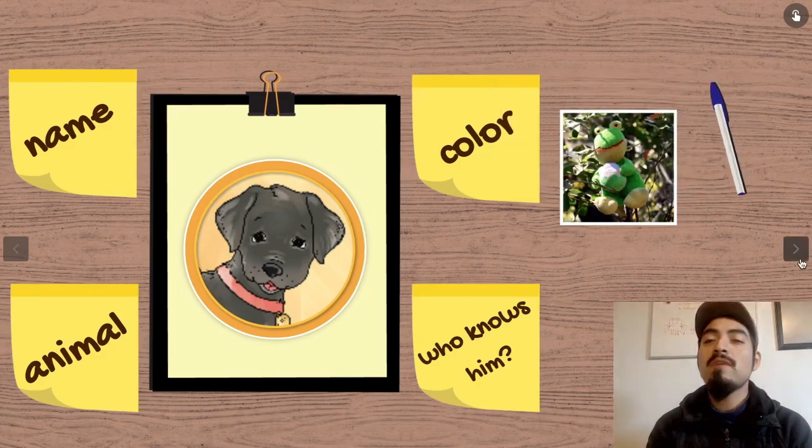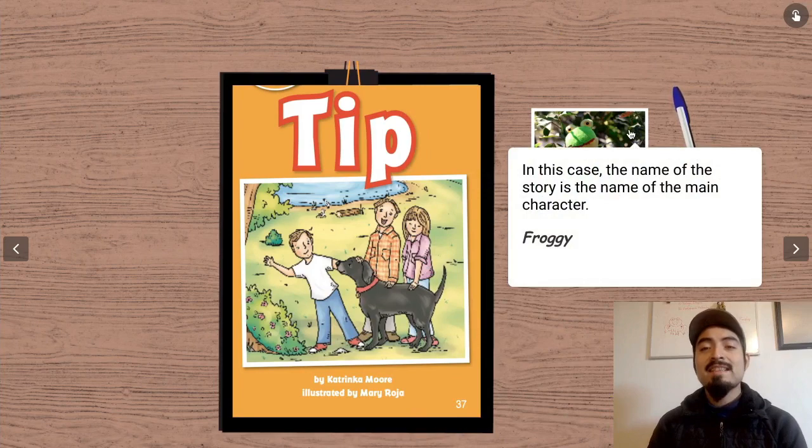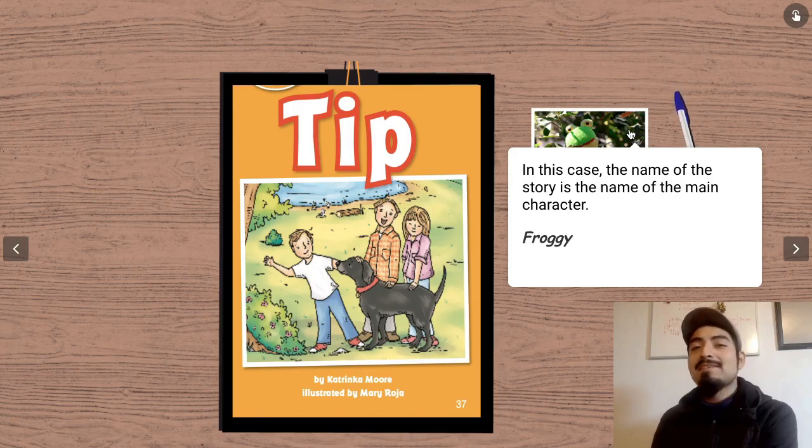I think you are ready to start reading. And Froggy says, in this case, the name of the story is the name of the main character. And thank you. That is something that happens sometimes. For example, in the story The Hare and the Tortoise, that is the title of the story and also the main characters of the story.